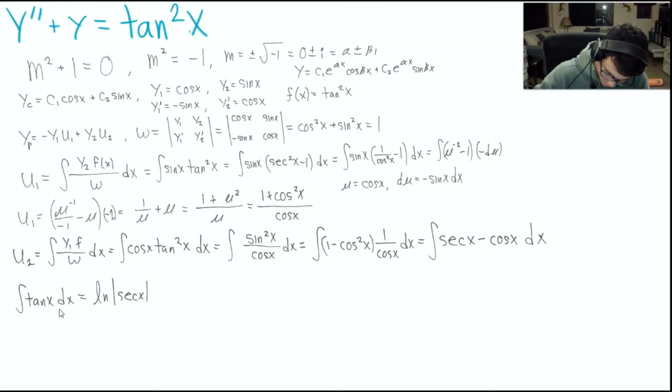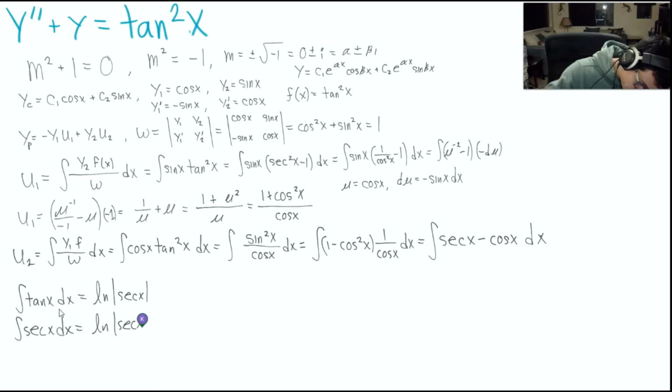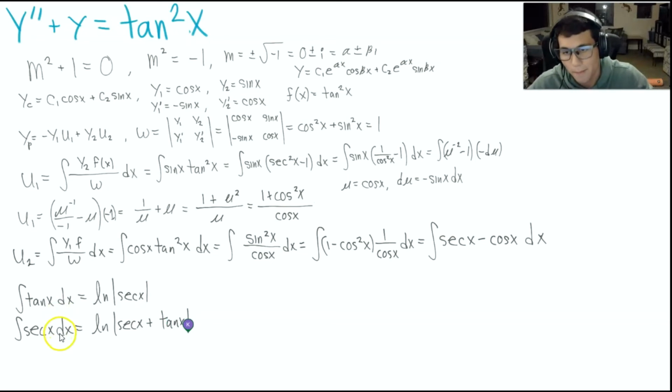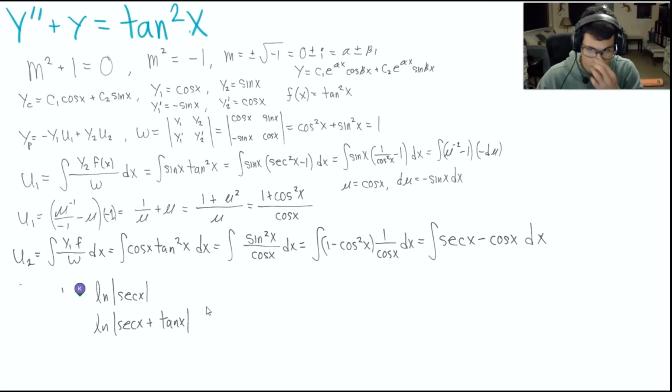So then I could remember the fact that the integral of secant x dx is ln secant x plus tangent x. And I just remember this one by heart, and then I think about secant x, and I remember that secant is kind of a more complicated thing, and if it's more complicated, why don't you just throw in a tangent x, right? So that makes no sense to anyone. I'm sorry, but that's how I remember it.